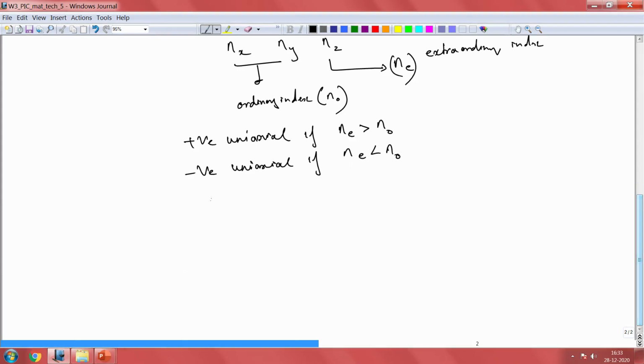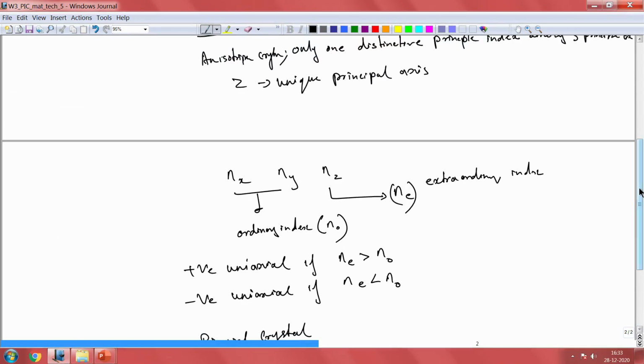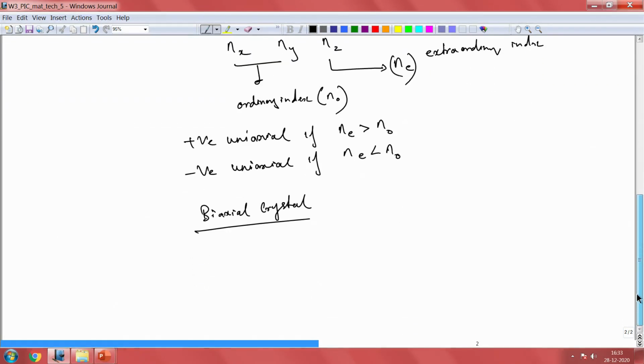Then we call that a biaxial crystal. In uniaxial we only had one unique principal axis, in biaxial we have 3 distinct indices of refraction.